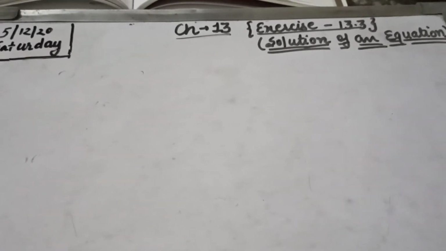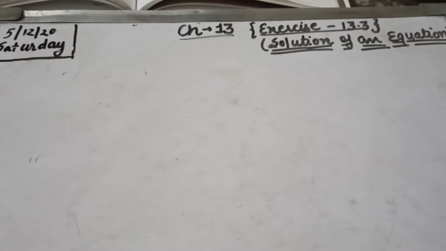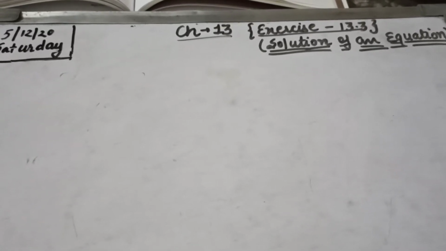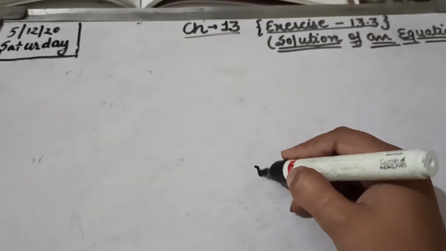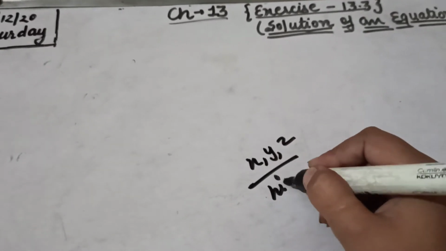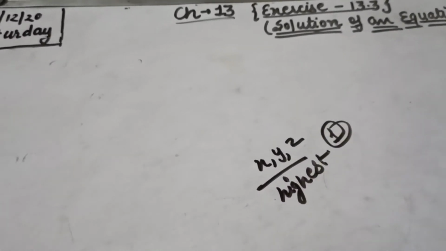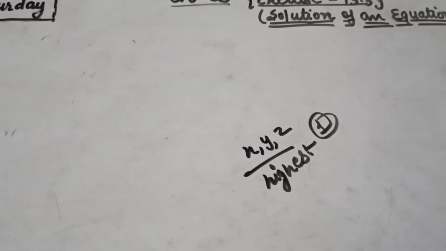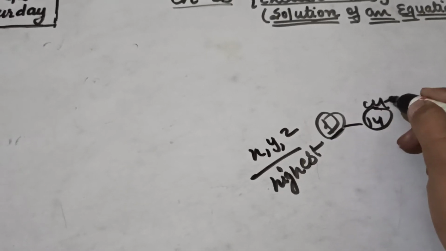When you choose whether the given equations are linear or not, you will check that there is only a single variable, either x, y or z in the equation, and the highest power of the variable is 1. Highest power, exponents, whatever you can say, that is 1. About this power we will discuss in our next chapter, chapter number 14, which is about the power.